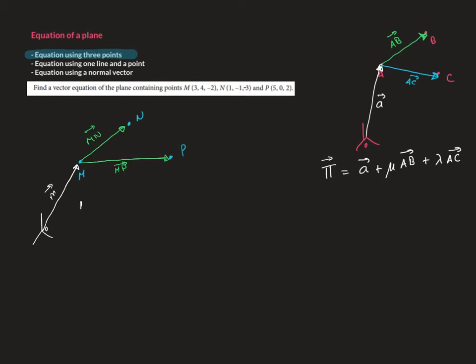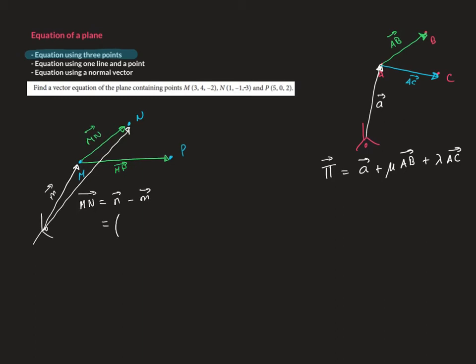So the vector MN is going to be the vector N minus the vector M. The vector N is, of course, the vector that goes from the origin to the point N. So what is that? N is given.